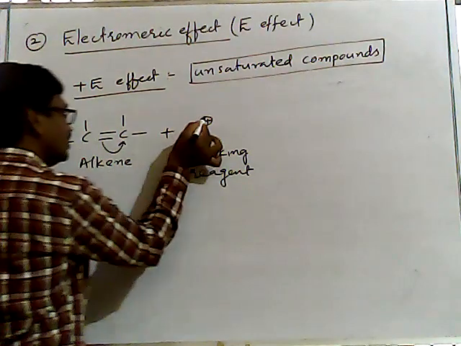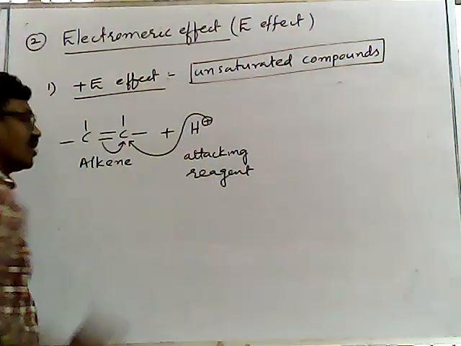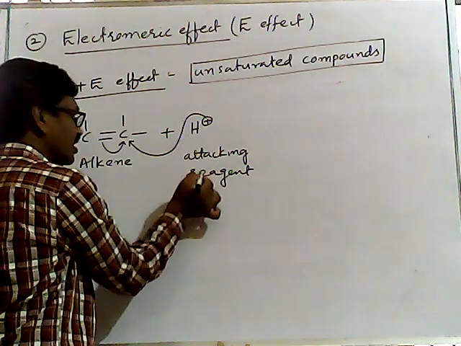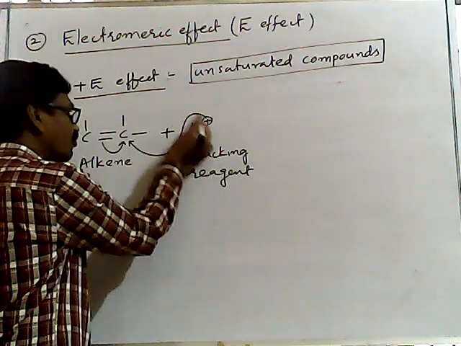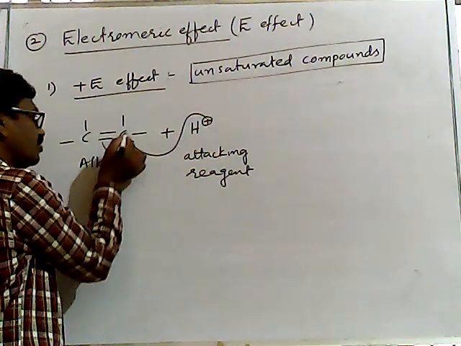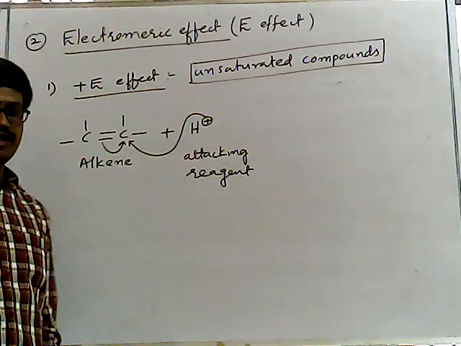So this reagent, this H plus ion, comes to the same carbon atom. So here the direction of movement of the attacking reagent and the migration of pi electrons are towards the same carbon, then we can say it is the plus E effect.